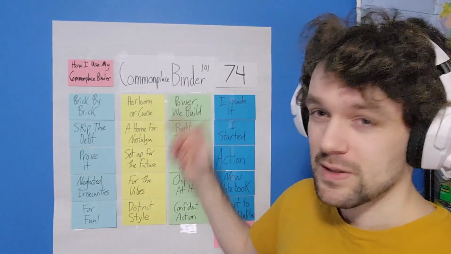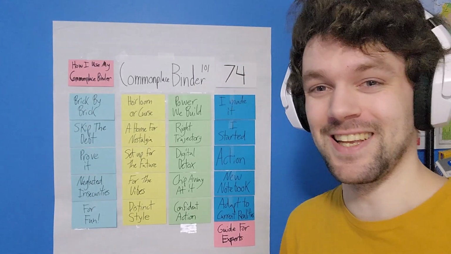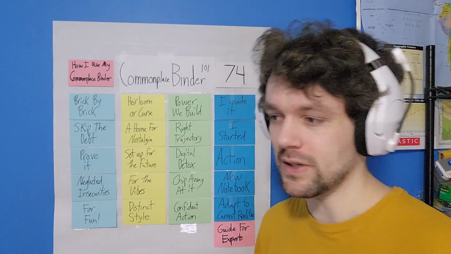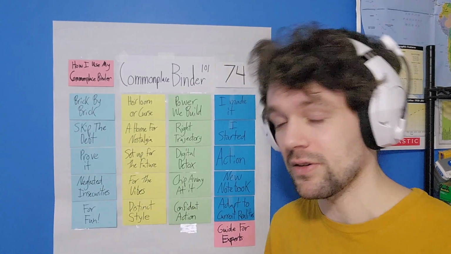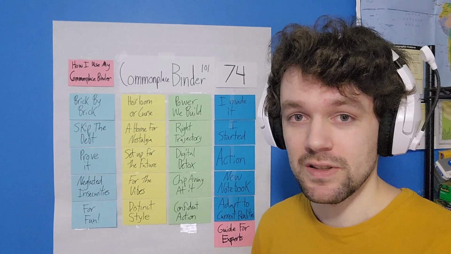So it might be that a Commonplace book or Commonplace binder doesn't actually solve the problem that you're trying to deal with, and it might be that you just need a standard diary, or maybe a standard planner, or maybe a standard calendar. It could be a standard thing, and there are like 100 different things that could be.